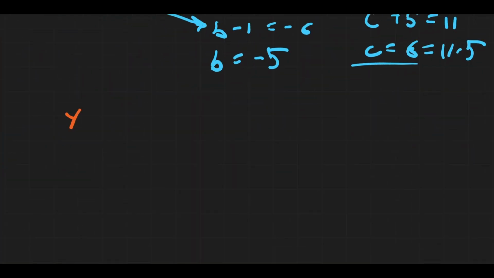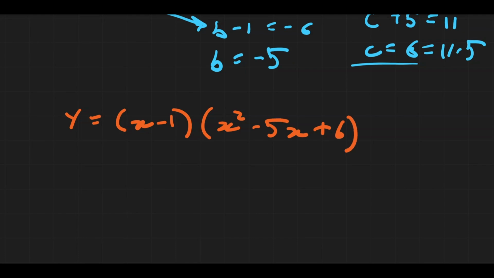We have y equals x minus 1. A is 1, so it's just x squared. B is negative 5, minus 5x plus 6. Now, we're almost there. We are so close to getting it in that intercept form. All we need to do is factorize that quadratic expression.